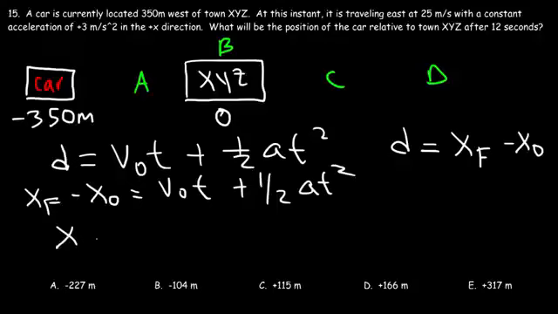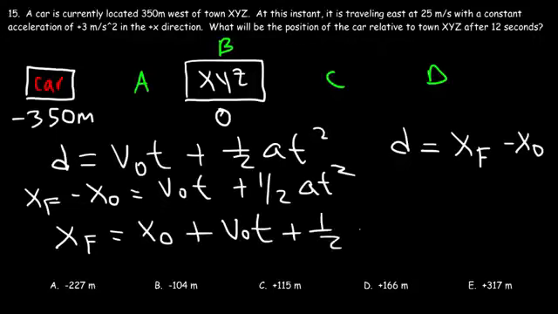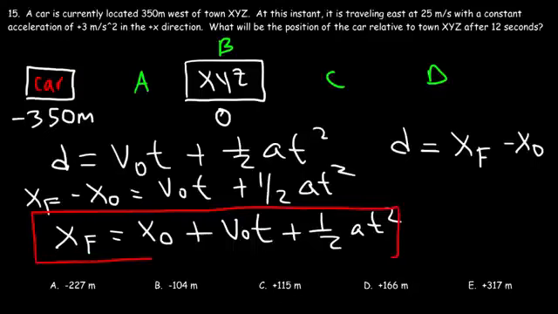The final position is equal to, if I move this to the right side, the initial position plus the initial velocity multiplied by the time plus 1/2 at squared. This is the equation that you want to use to calculate the final position of the car relative to town XYZ.